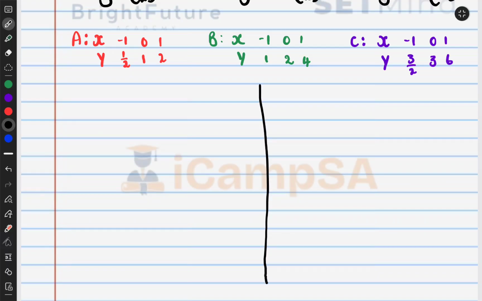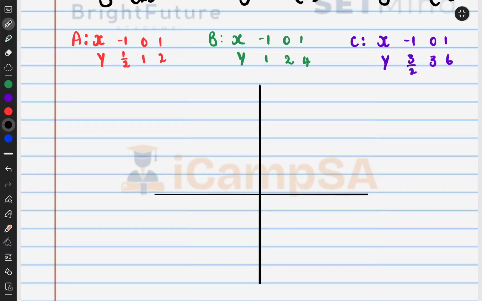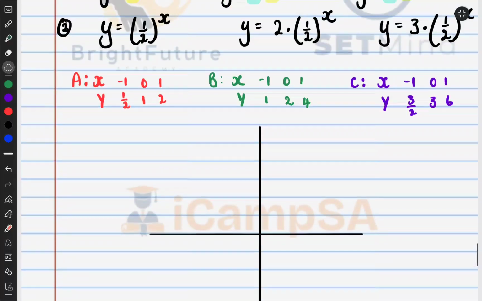Now let's sketch these functions. And remember what we said about the value of a: as it increases, the function gets stretched further and further away from the x-axis. Let me start by calibrating the axes.